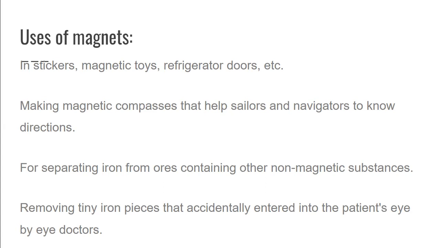If by any chance, when you're playing or something, iron particles enter your eye, eye doctors use these types of magnets to remove the iron pieces. So these are a few uses of magnets.